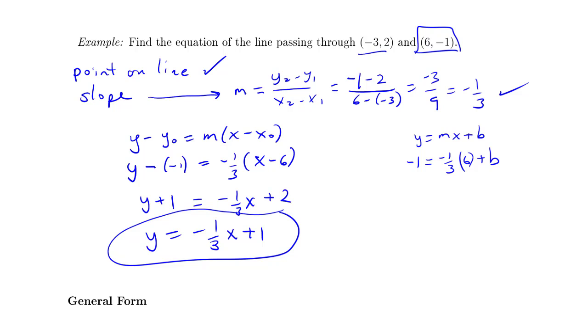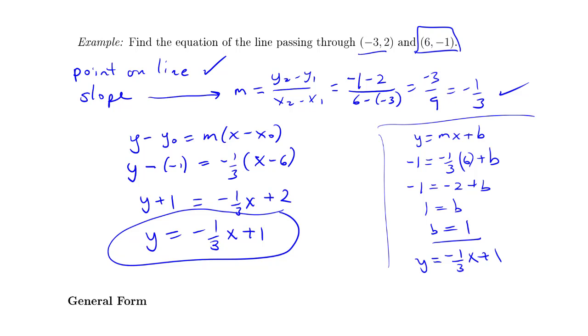That would be negative 1 equals negative 2 plus b, and then solving for b, I'd get b equals 1. That way I have the y-intercept, and I could use the y-intercept and the slope to directly get y equals negative 1/3 x plus 1. So that's an alternate way that you can go about it rather than using the point-slope form.